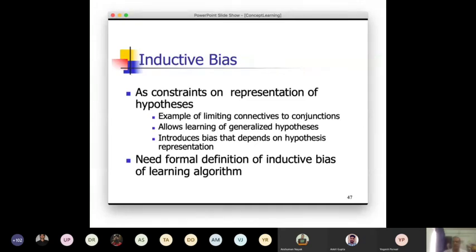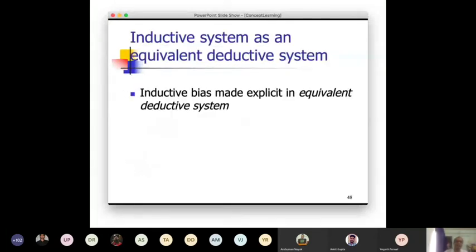So let us understand what this inductive bias is for a learning algorithm. Can I make a formal definition with respect to the deductive system? You know that a deductive system is the system where, by applying your axioms and arguments, you derive certain facts, you take some inference.